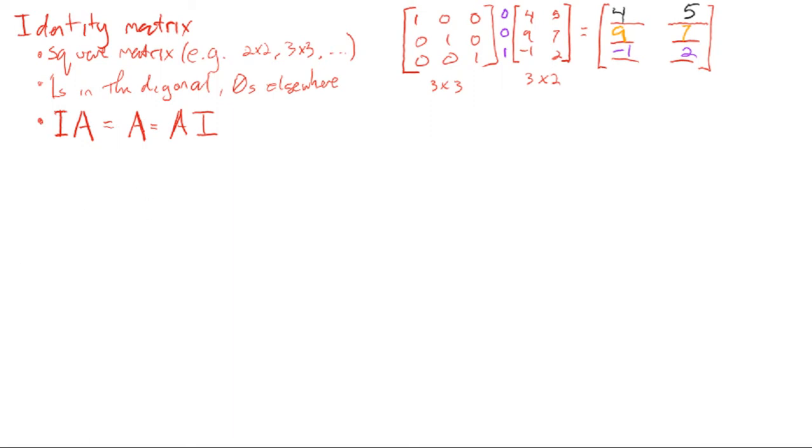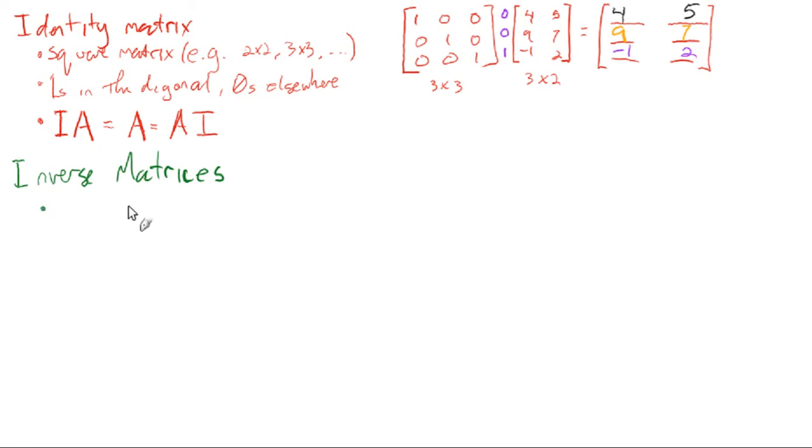All right, so let's change colors and move on to a related but different topic. Inverse matrices. Inverse matrices and the identity matrix are related in a way that you will soon see.